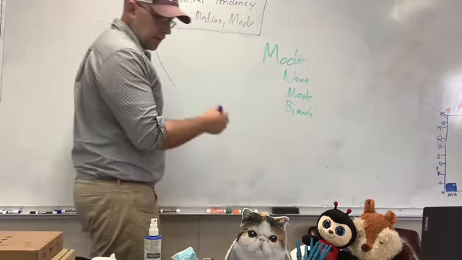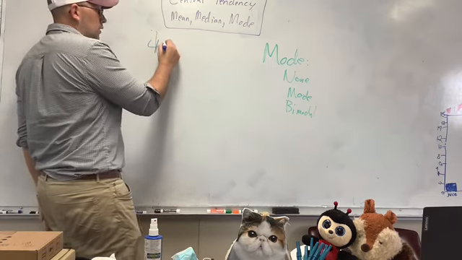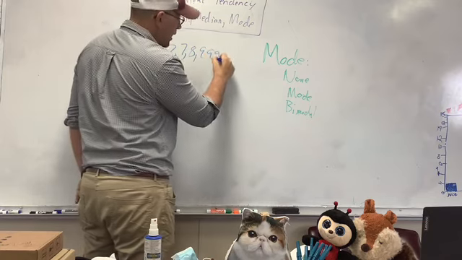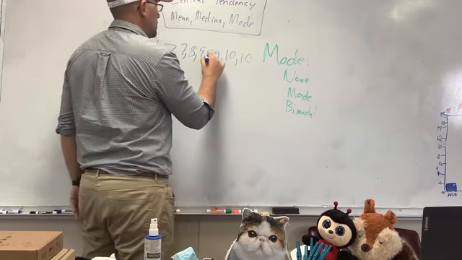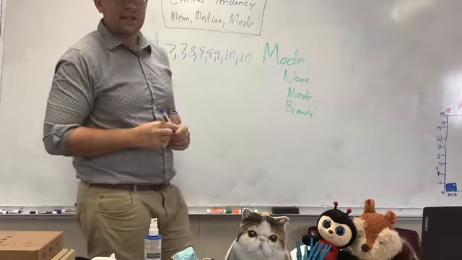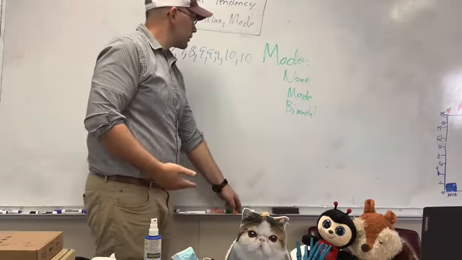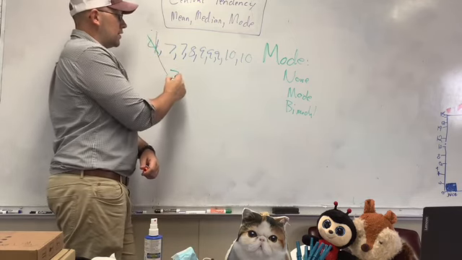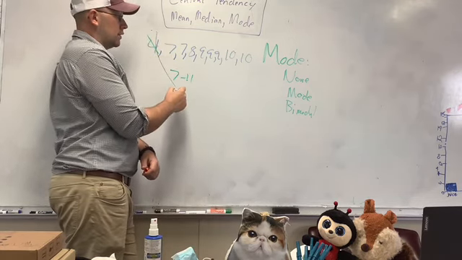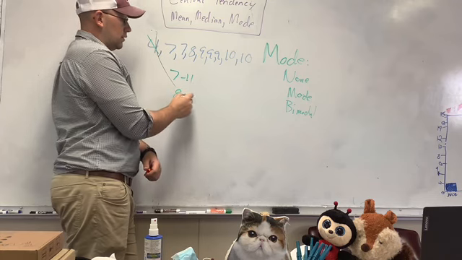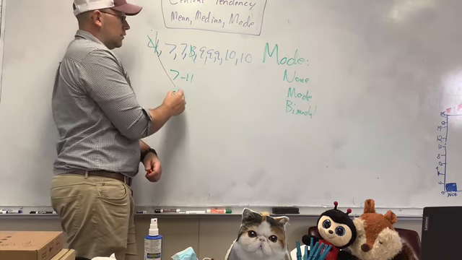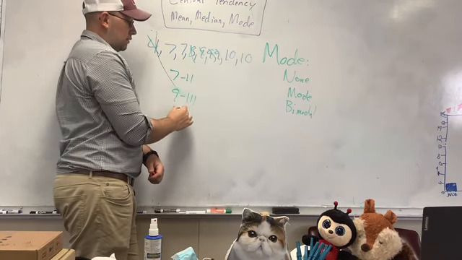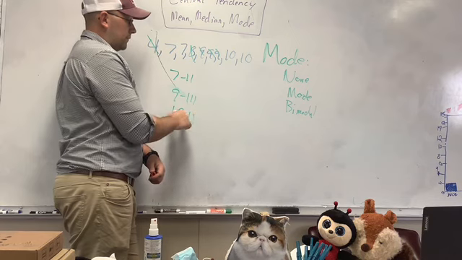So our first one is 4, 7, 7, 8, 9, 9, 9, 10, and 10. So now we're looking for the number that repeats itself the most, and that would be our mode. So 4 does not repeat itself at all. 7 twice. 8 none. 9 three times, and 10 twice.